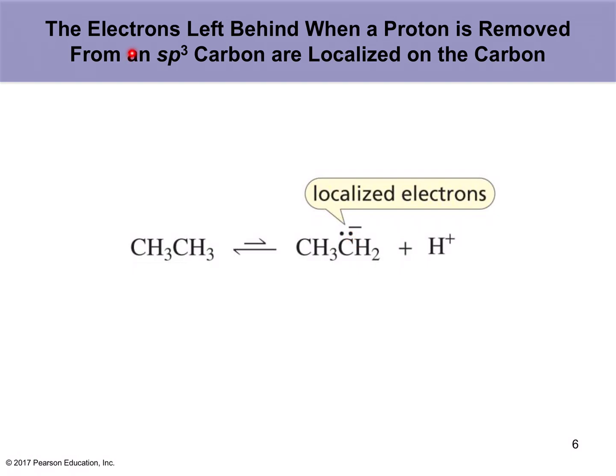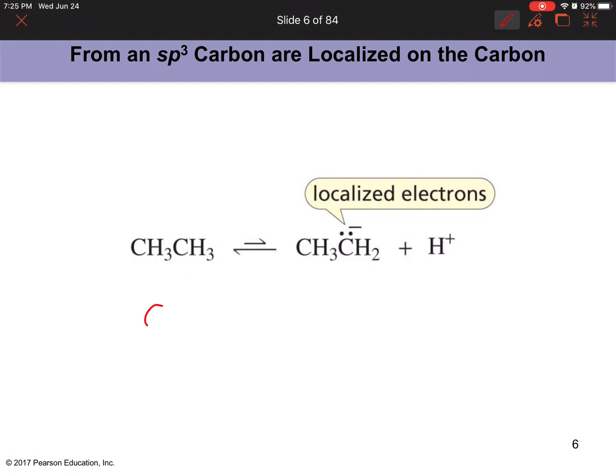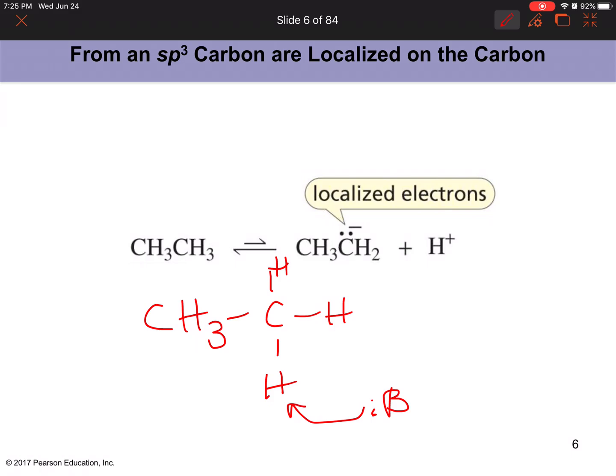The electrons left behind when a proton is removed from an sp3 carbon are localized on the carbon. Now this is an alkane. One of the hydrogens is left. Let's say you have CH3, CH, H, H. A base comes and grabs this hydrogen.